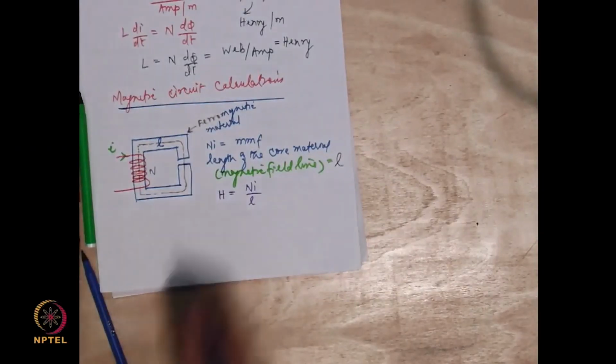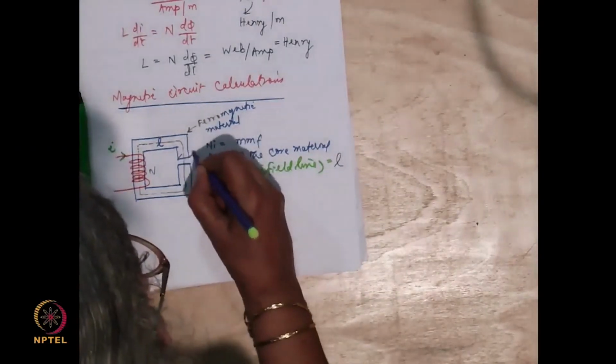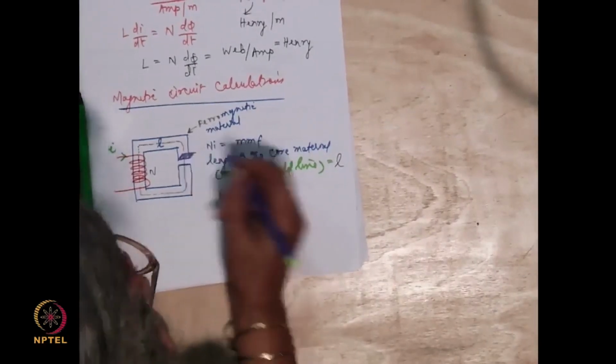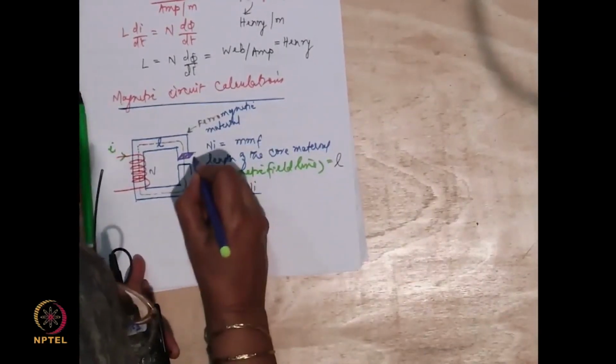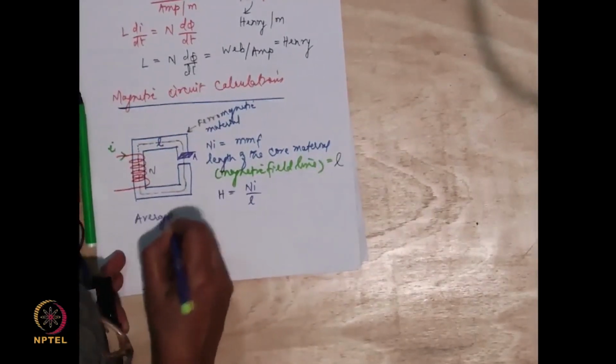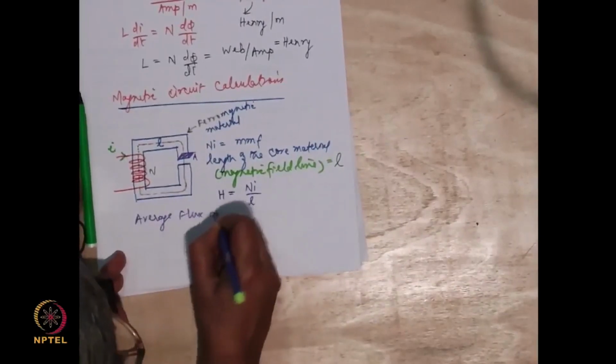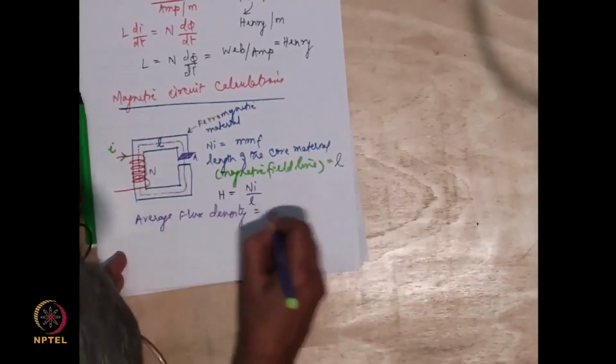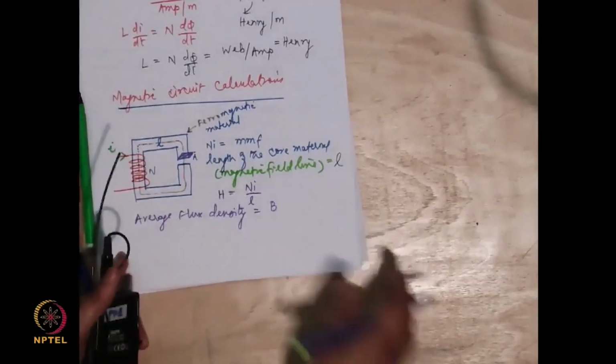Let us say I have a rectangular cross section for this core. Let me call this area of cross section of the core as A. Through this A, I will continuously have a huge number of flux lines flowing. If I say that the average flux density created in the core is equal to B, right?